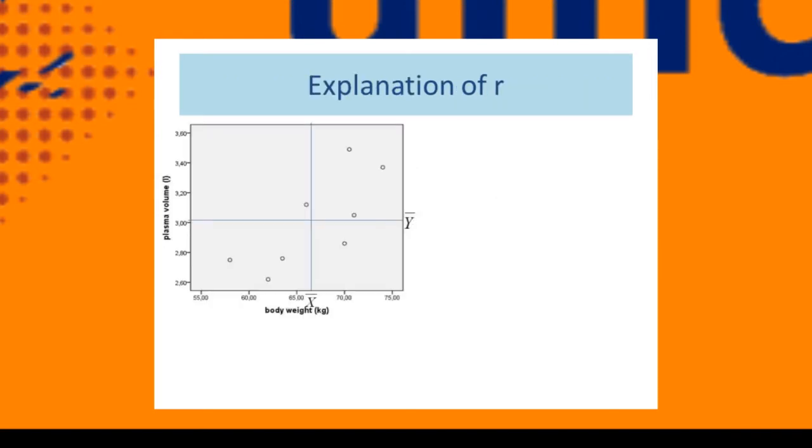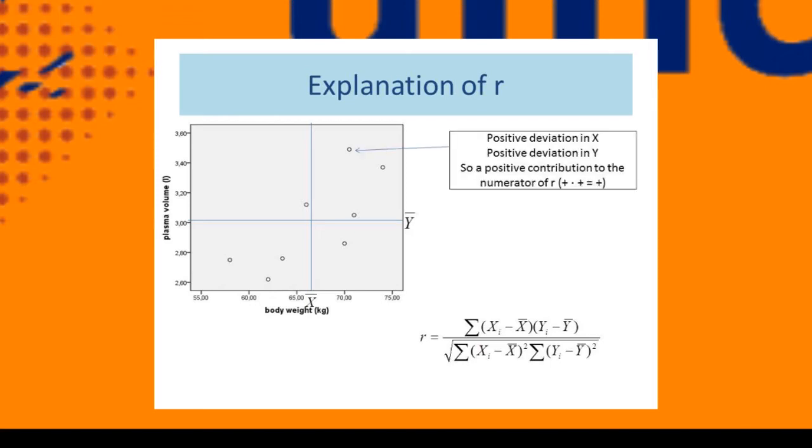Here we see the scatter plot of plasma volume and body weight again. The horizontal line shows the mean plasma volume. The vertical line, the mean body weight of the 8 healthy men. In this slide, I will try to explain the idea behind the formula of r, Pearson's correlation coefficient.